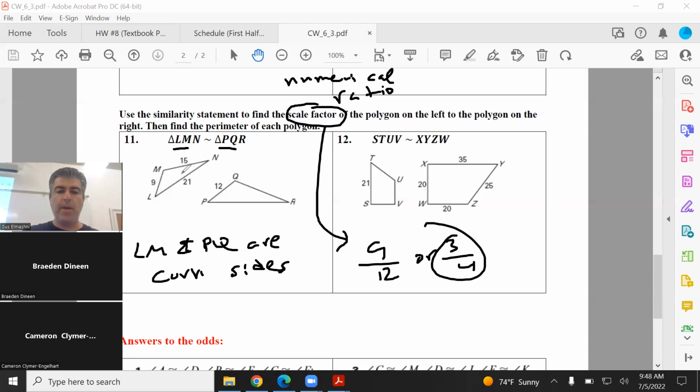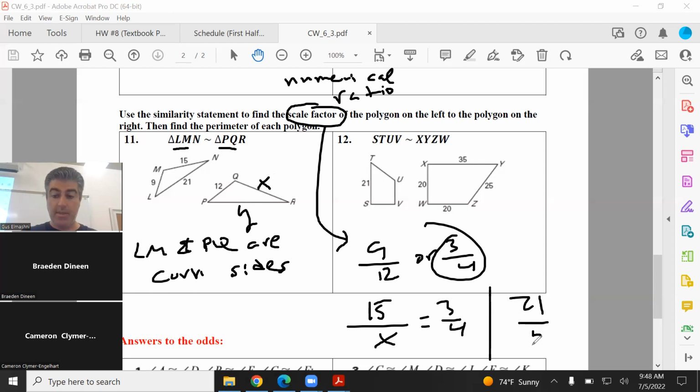So it means I'm going to multiply by 3/4. Or you could call them x and y if you so desire. So 15 over x equals 3/4. Also, 21 over y equals 3/4. And you solve each one.